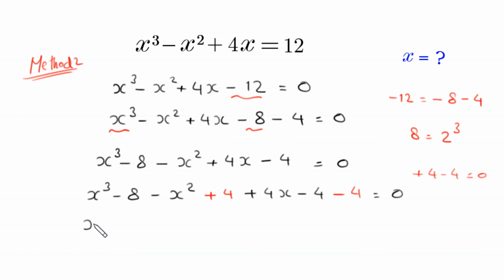x cubed minus 8, and from these two terms we take negative sign as common, and in bracket left x squared minus 4, plus this 4x, negative 4 minus 4 will become negative 8, is equal to 0.